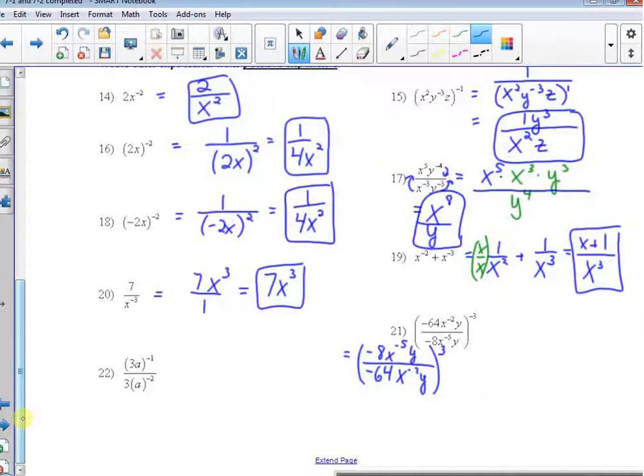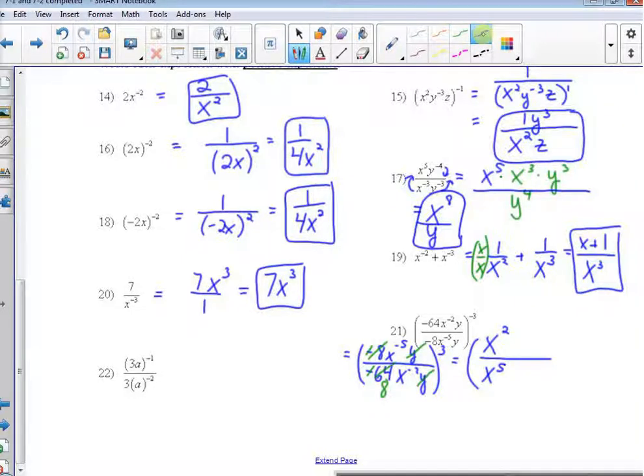So if I literally flip the fraction, it makes the outside exponent positive. Now I see some stuff that can cancel. So I'm going to cancel the negative 8 and the negative 64, and that's going to become an 8. Then I'm going to do some moving around here with those negative exponents. So I'm going to take that x to the negative 5 and bring it down to the bottom. It becomes positive. I'm going to take that x to the negative 2 and then bring it up to the top as positive 2. And then I believe that the y's look like they can cancel inside here as well.